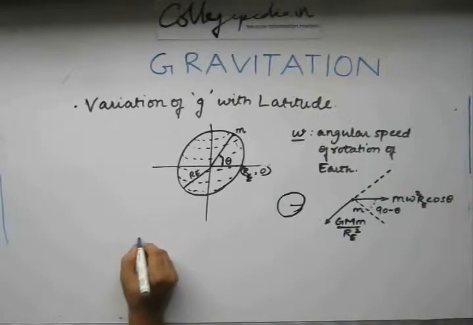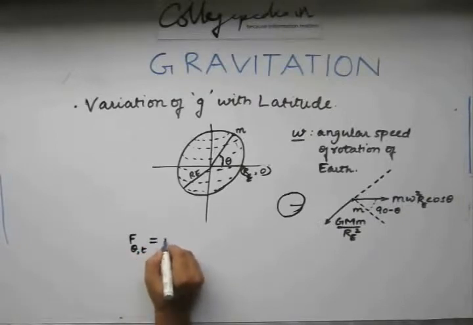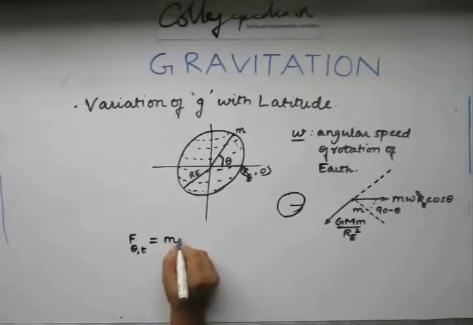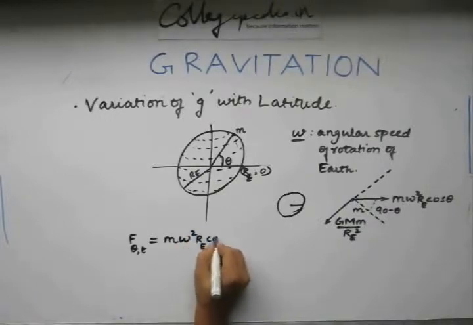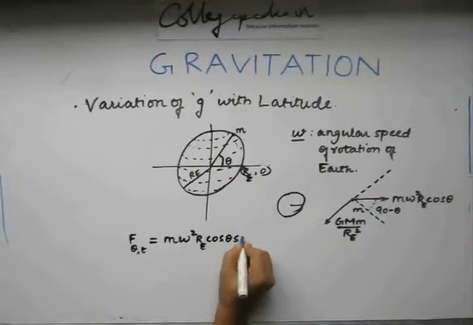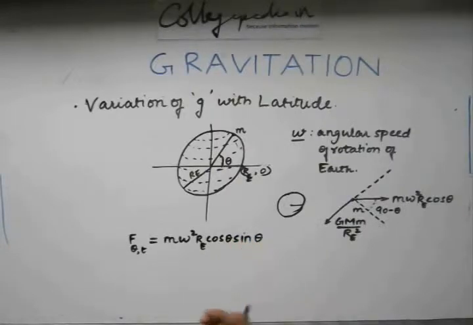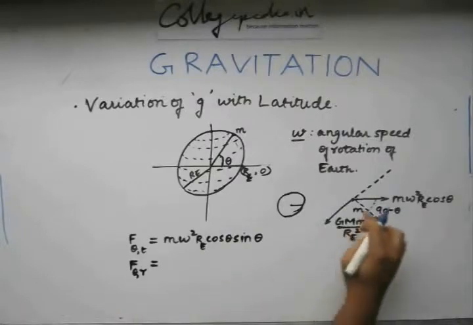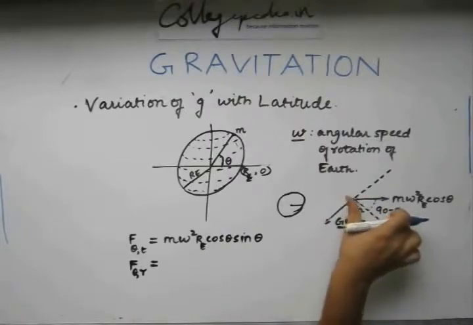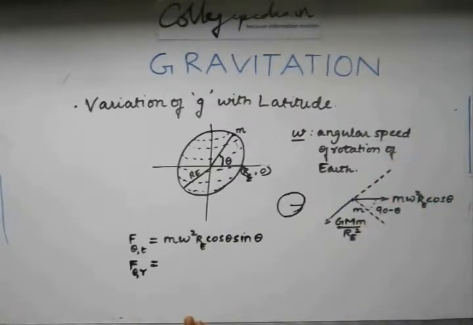So in the tangential direction, f at theta is going to be m omega square Re cos theta sin theta. The force at theta in the radial direction is going to be this force minus the component of force in the normal direction.